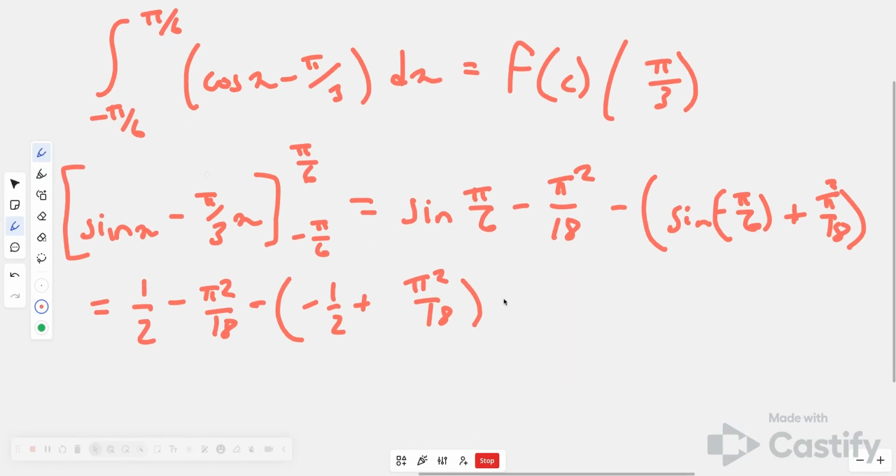And then it would just be 1/2 minus pi squared over 18, pi squared over 18, plus 1/2 minus this. And then we get 1 minus 2 pi squared over 18, which is just pi squared over 9.